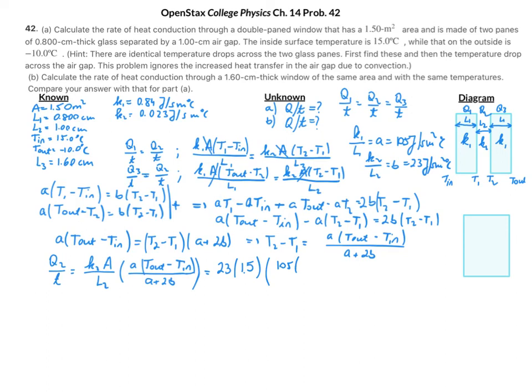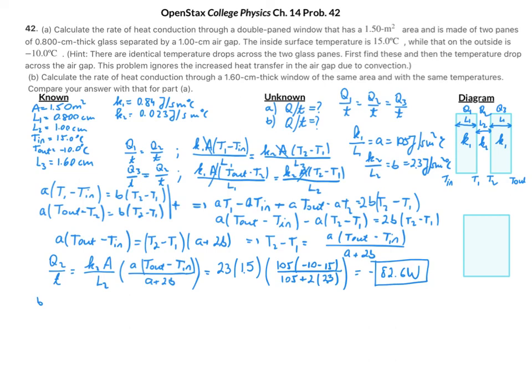T out minus T in, that is negative 10 minus 15, divided by A, and that's 105, plus 2 times 2.3. Okay, so multiplying all these things together, we end up with negative 82.6 watts. So we know that 82.6 watts were transferred in this problem.